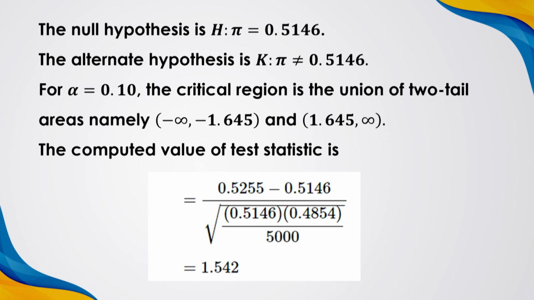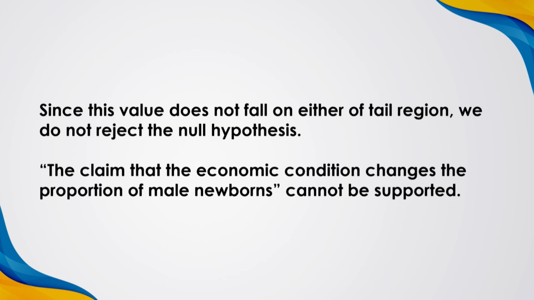The computed value of the test statistic, after putting the values, is 1.542. Since this value does not fall in either tail region, we do not reject the null hypothesis. The claim that the economic condition changes the proportion of male newborns cannot be supported.